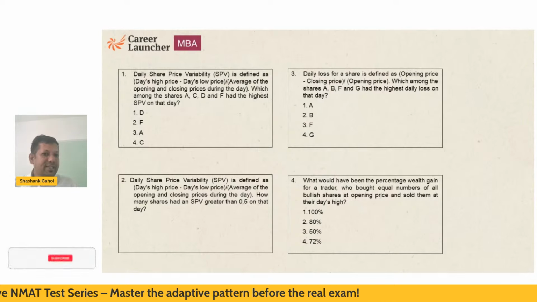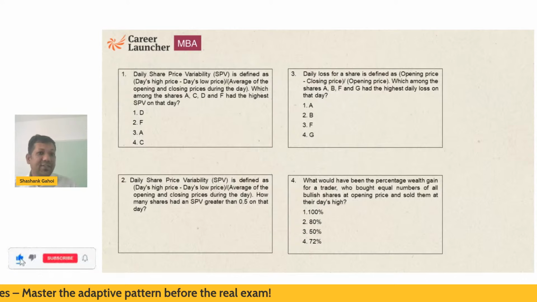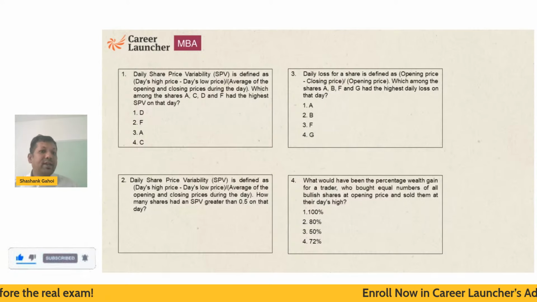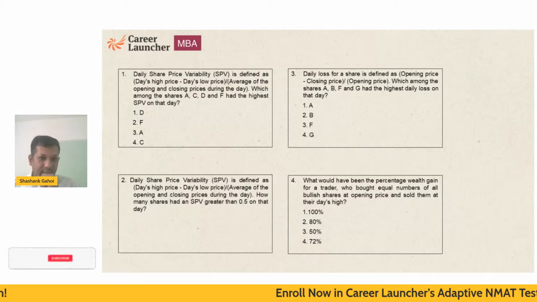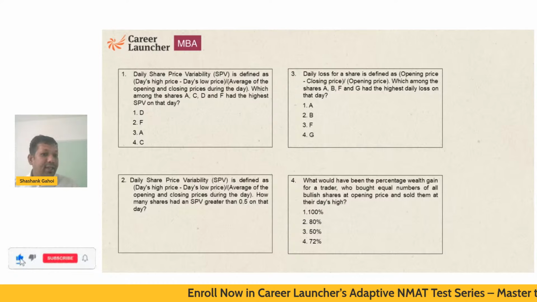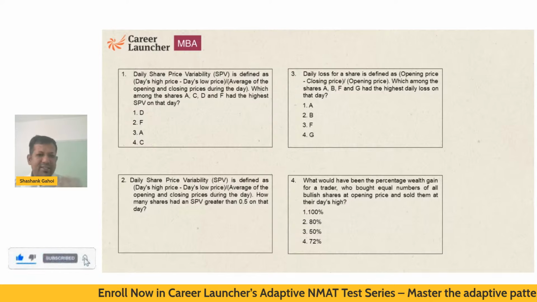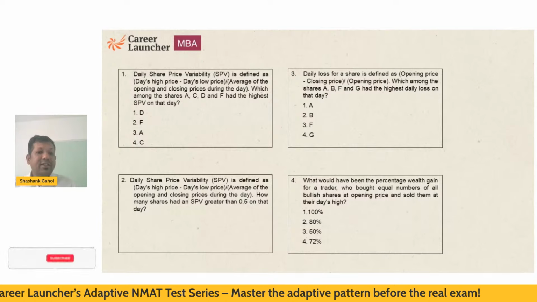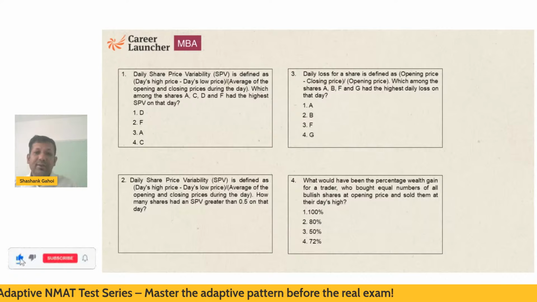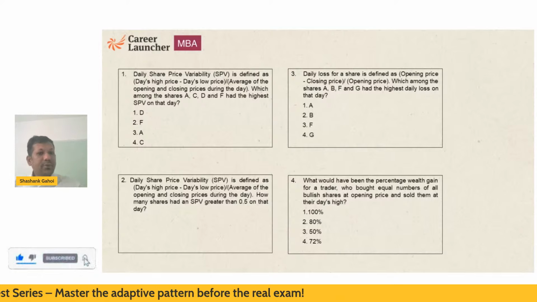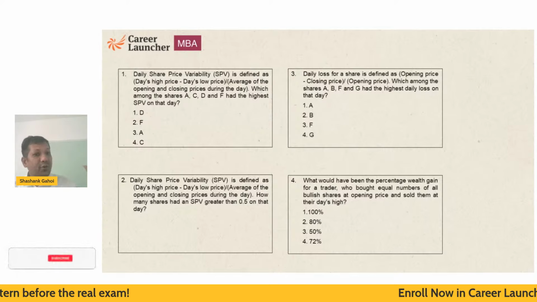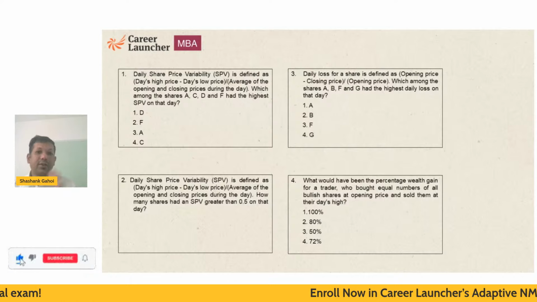Daily share price variability, SPV, is defined as high price minus low price divided by the average of opening and closing price. How many shares have SPV greater than 0.5? For both question 1 and question 2, I need to calculate SPV for all, so I'm going to calculate for all.